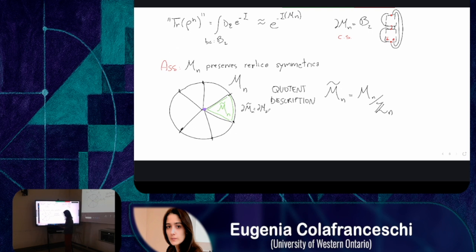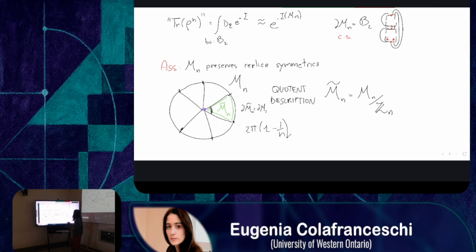The strength of this conical singularity is related to the number of copies we consider. In particular, we have a deficit angle of 2 pi (1 minus 1 over n).